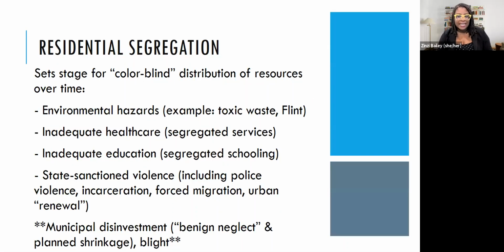Further, it set the stage for colorblind distribution of resources over time through environmental hazards, inadequate healthcare, inadequate education, state-sanctioned violence, and municipal disinvestment. It's not just the actual movement of people and segregating of people that we're talking about. We're also talking about the segregating of resources and systems, institutions.